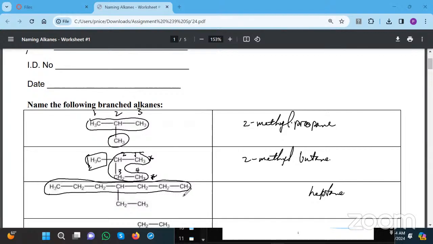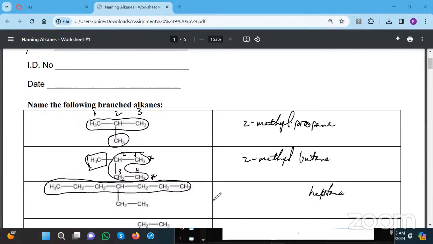Anybody out there in Zoom want to answer that question? Nobody wants to answer this one, and this one is actually very easy. Exactly, it doesn't matter, right?